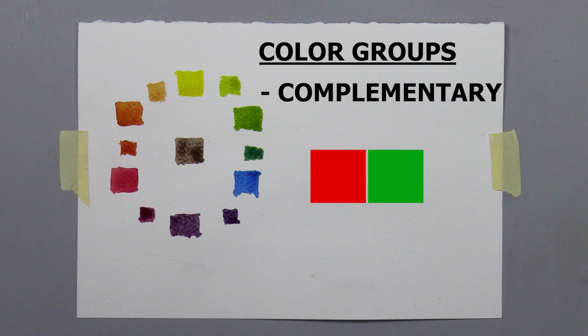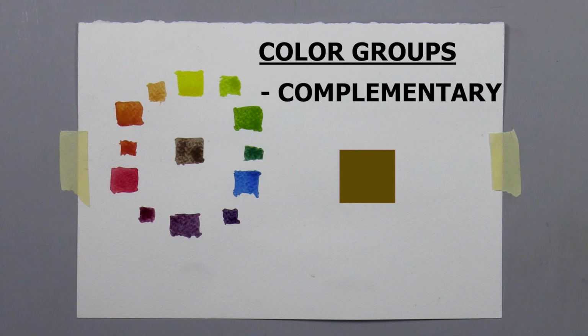When placed side by side, these colors complement each other by making each other appear more intense. When mixed together, they darken each other and lower each other's intensity. By mixing two of these colors together, we can create a neutral color.